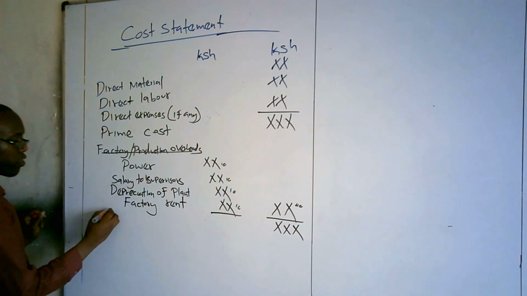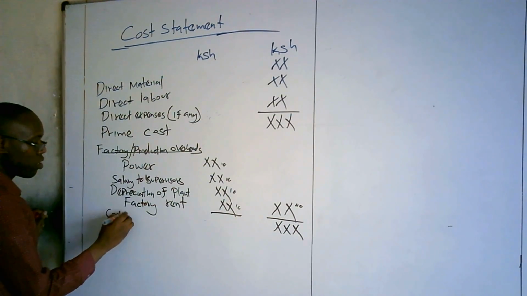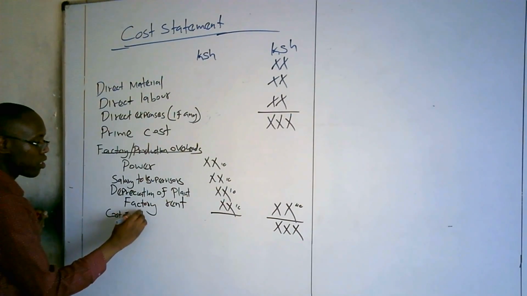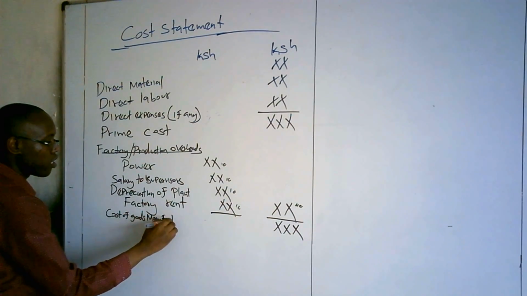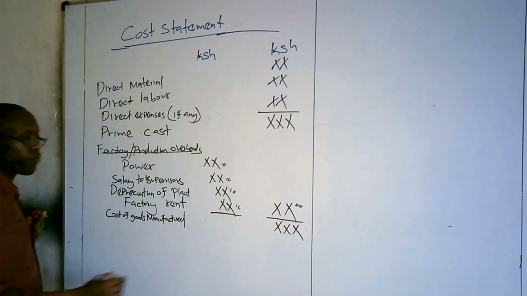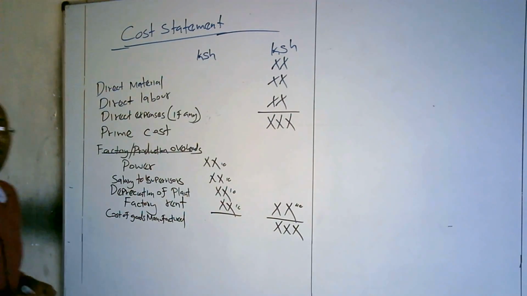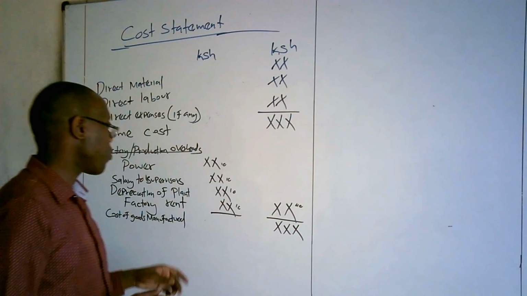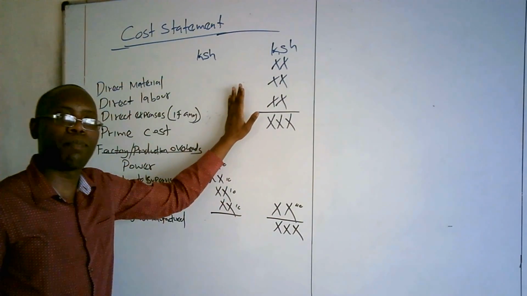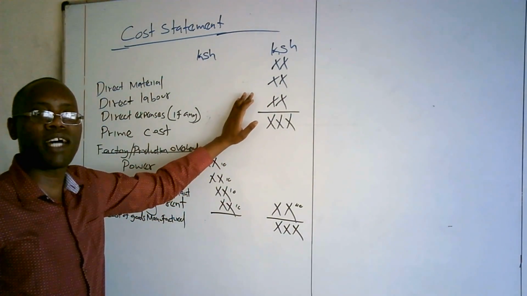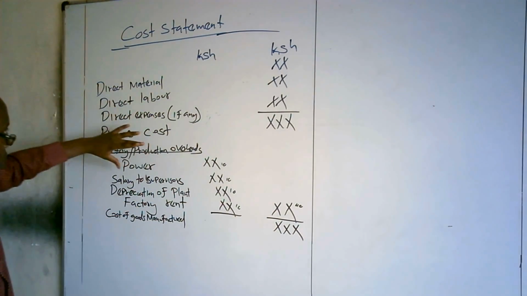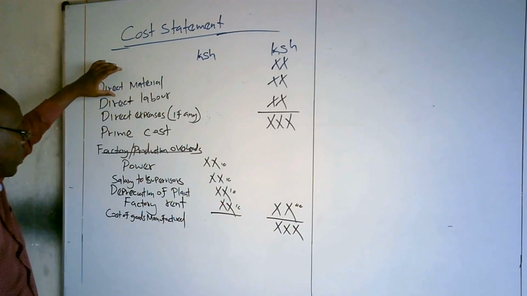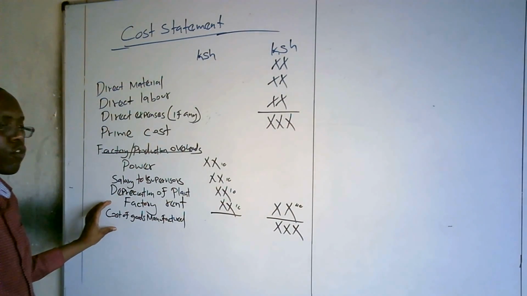So you are going to have the cost of goods manufactured. And sometimes in your exam, they are going to ask you to prepare a production statement. If they ask you to prepare a production statement, you are going to prepare it from the direct material up to the cost of goods manufactured.